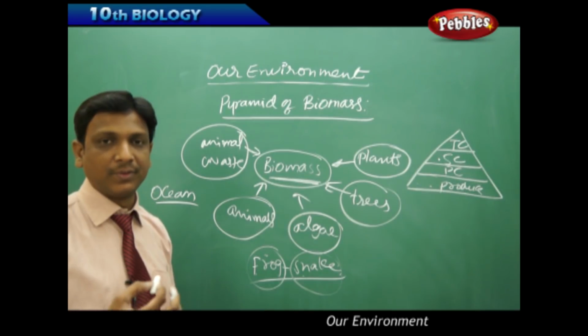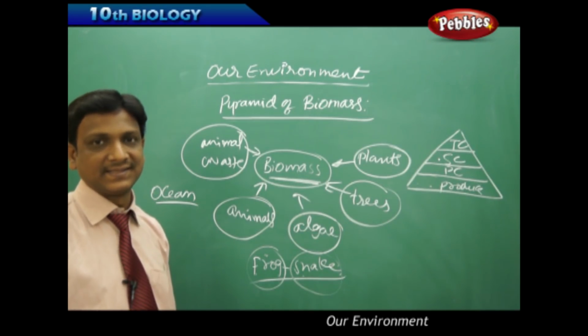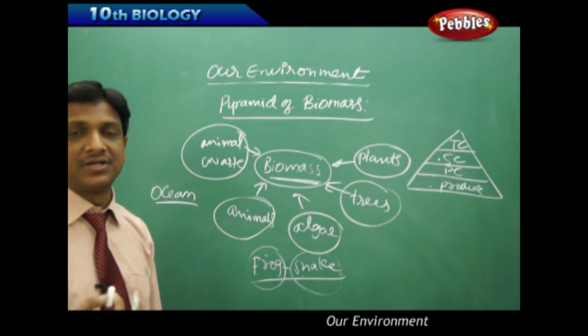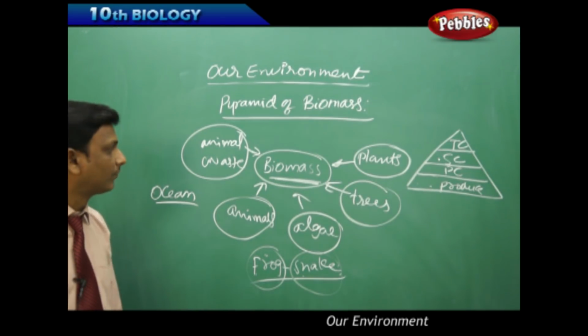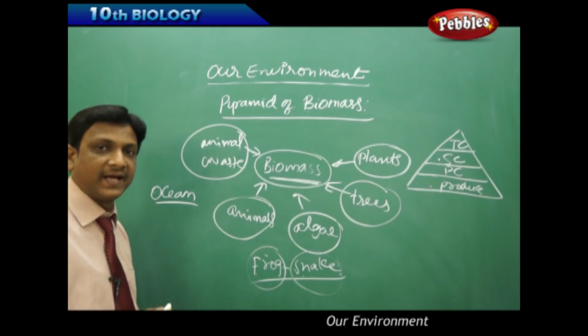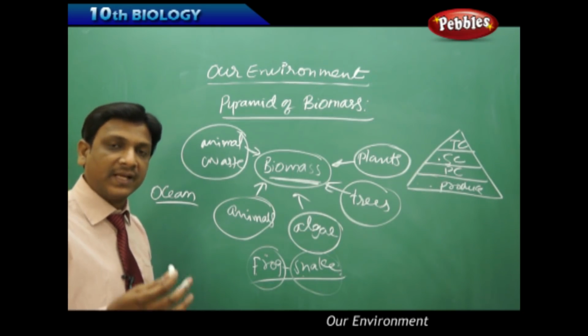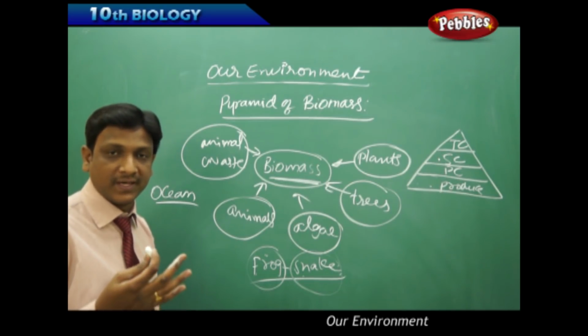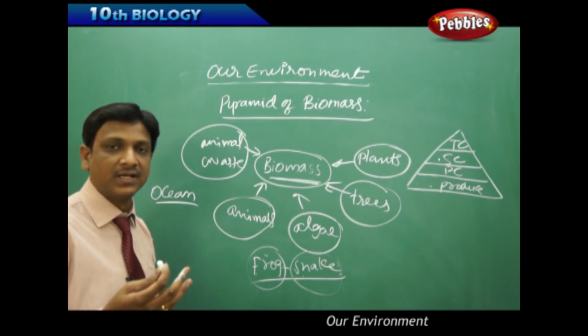So the biomass of the producer is less compared to the biomass of the secondary or tertiary consumers. So if you observe an aquatic ecosystem, there the phytoplankton or the primary producers biomass is negligible compared to the primary consumer or secondary consumers.